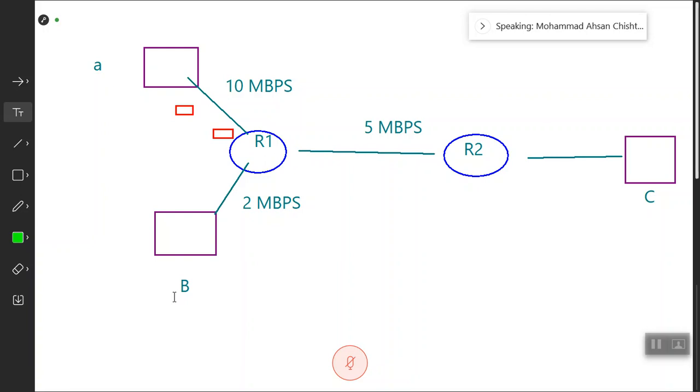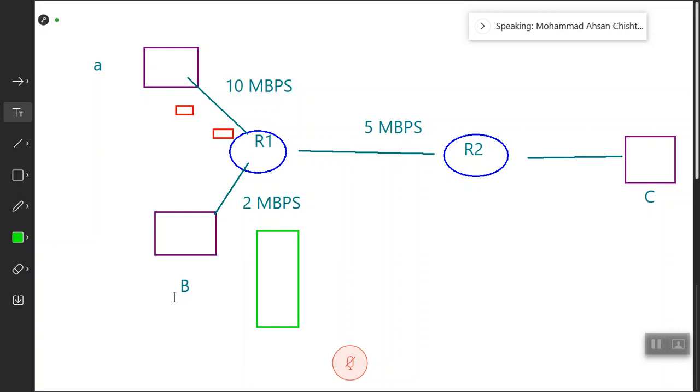If only A is transmitting, A would transmit at the rate of, let's say, 10 Mbps, then there would be a queue within the router R. Let's say this is the queue or the buffer that I have within R. And then it would pass on at the rate of, let's say, 5.